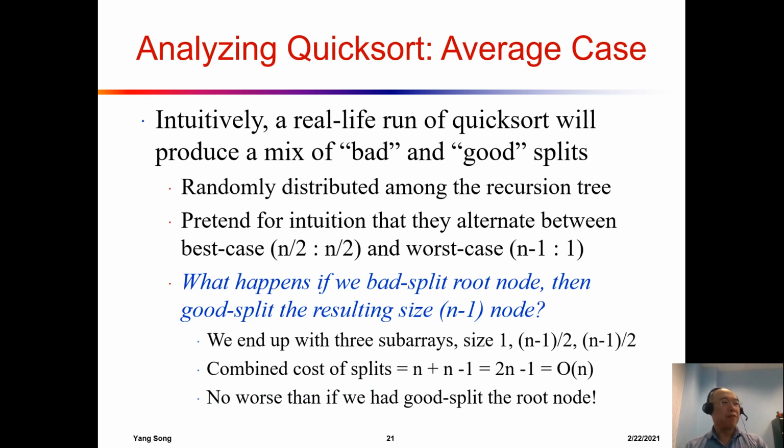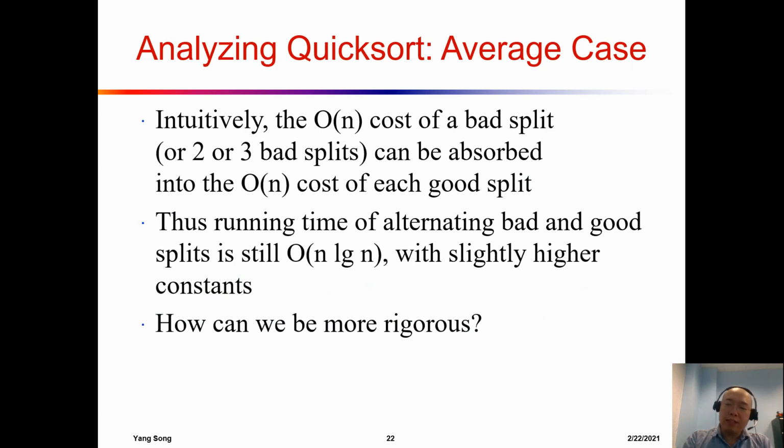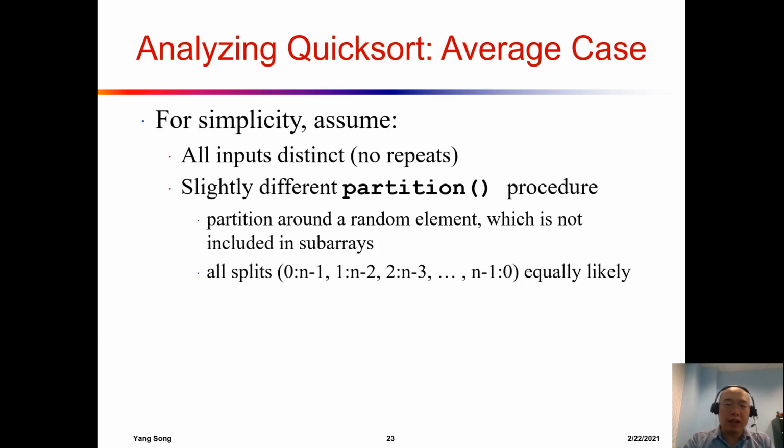For the formal proof of the average case, we know we are going to have a mix of bad partitions and good partitions. What is bad and what is good? Remember, for all the possible splits when we have n values, the partition could go anywhere from 0 versus n minus 1 to n minus 1 versus 0.